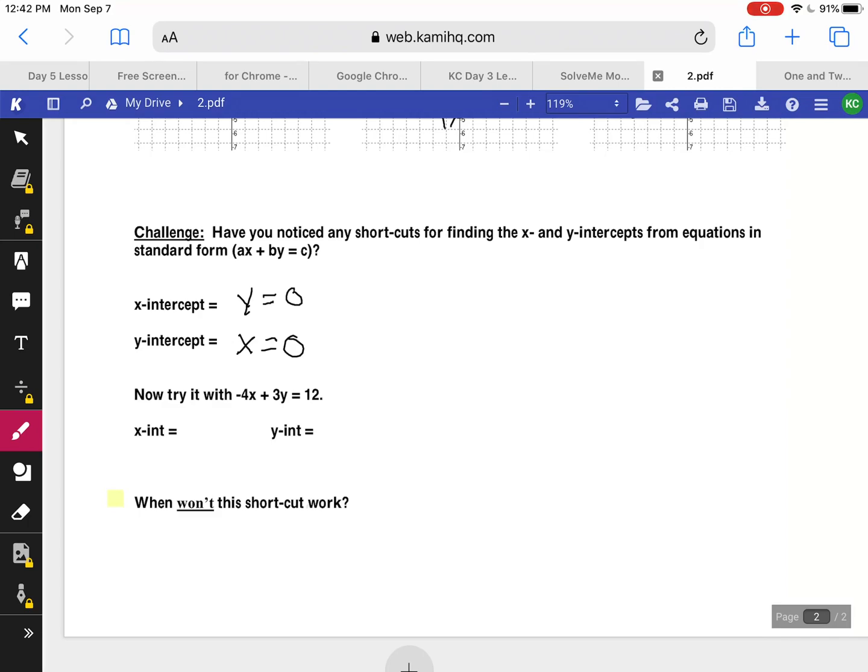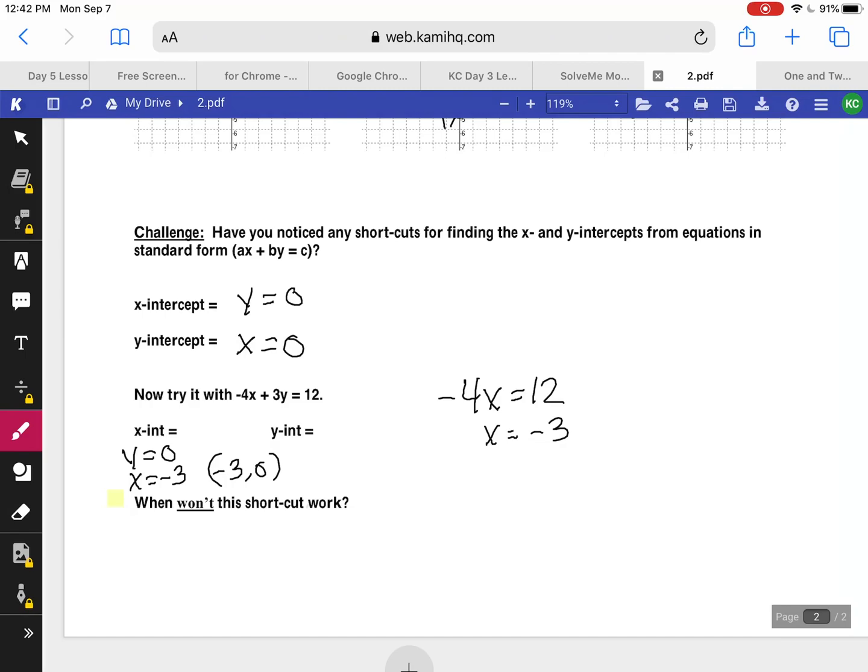Here we are with our standard form. So we're looking at negative 4x plus 3y equals 12. So again, that x-intercept, if y is equal to 0, I have negative 4x equals 12, x equals negative 3. So I can go ahead and just write (-3, 0) for that x-intercept.